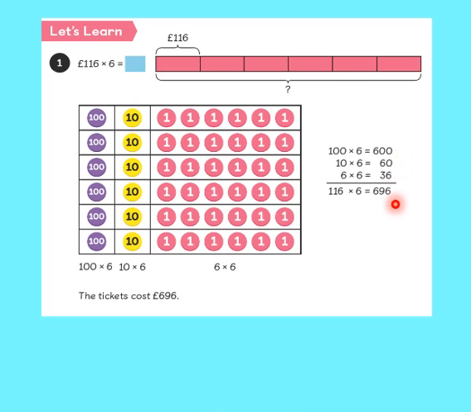Then we can add those together to find out that 116 times 6 is 696. So if we're going to write our full sentence, we can answer it to say the tickets cost £696. Did you find the same answer?